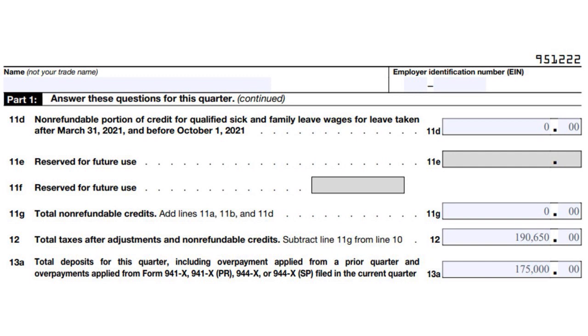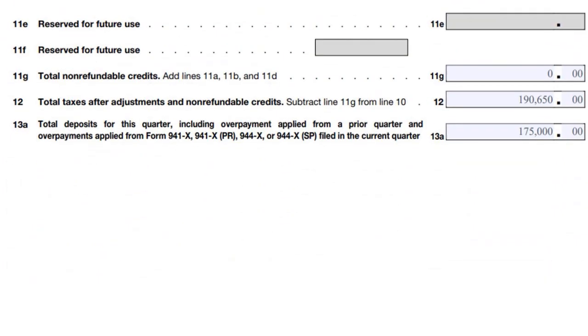And here, on line 13a, you have to specify the deposits that you actually made to the IRS. This relates to this quarter. Remember, Form 941 is for one quarter. Form 940 is for the whole year. So for this quarter, we paid 175,000.